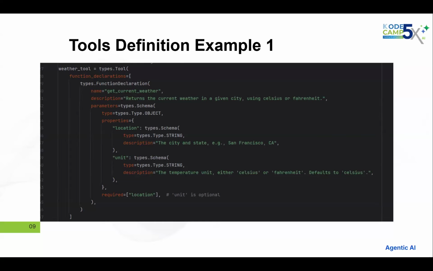You need to provide a description for the function, because that description is what enables the LLM to determine when it's necessary to execute that function. And you also need to provide the schema of the function's parameters, because it's based on that schema definition that the LLM knows what arguments to use when requesting that the function be executed.